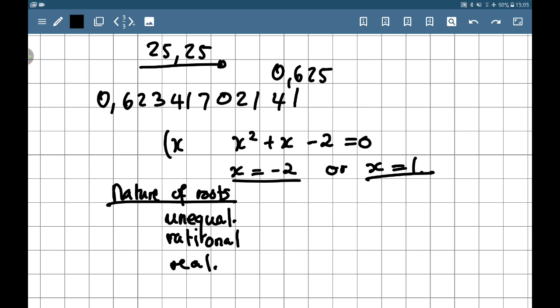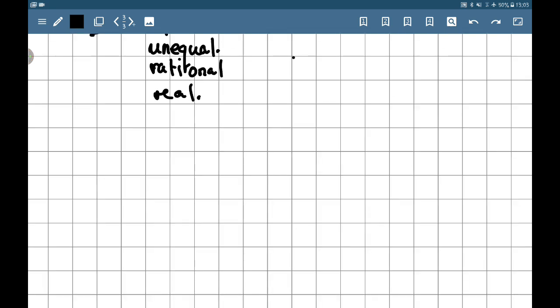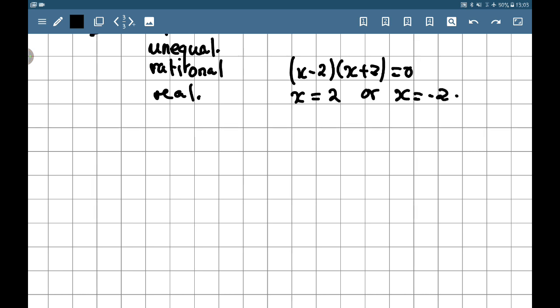So basically when we do that, but there is a technique in which we are going to get. So look at this. If we have x minus 2 and x plus 2 is equal to 0, we get x is equal to 2 or x is equal to minus 2. What is the nature of roots of that solution?